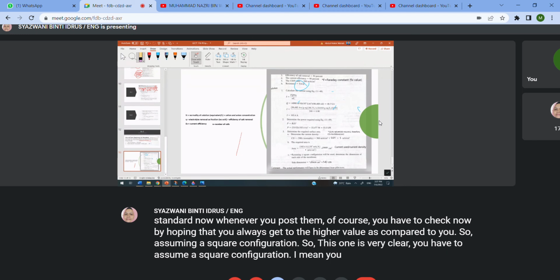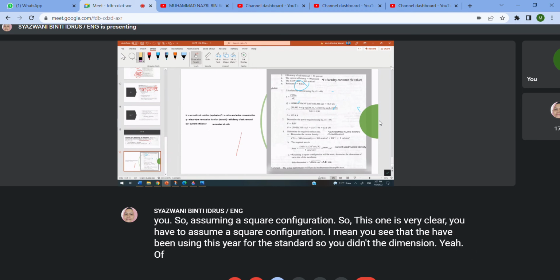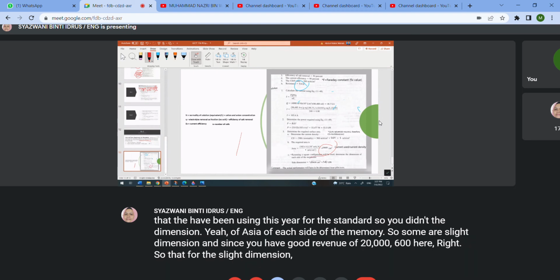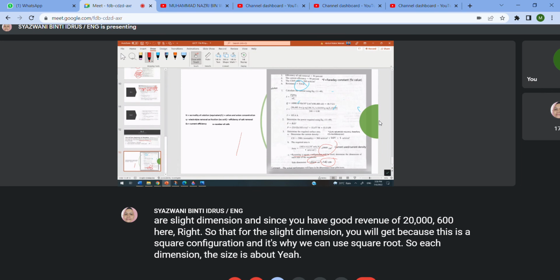It means the dimension of each side of the membrane. Since you have got the value of 20,600, for the side dimension, because this is a square configuration, we can use the square root. So each dimension is about 143 centimeter.